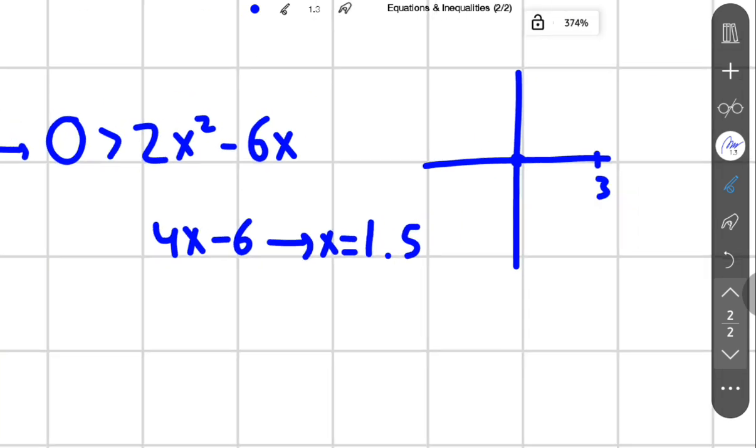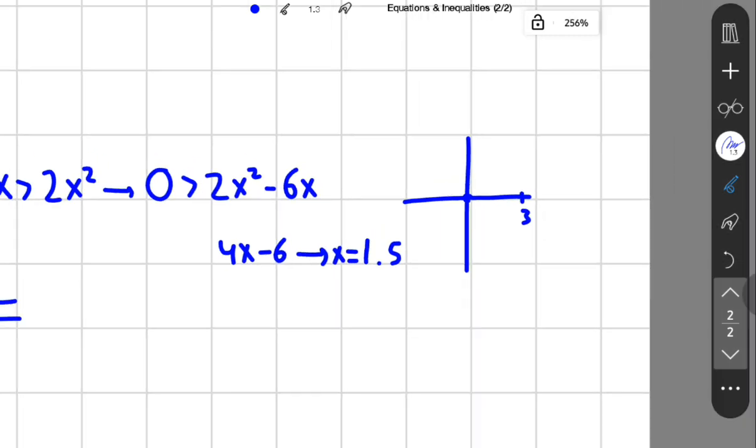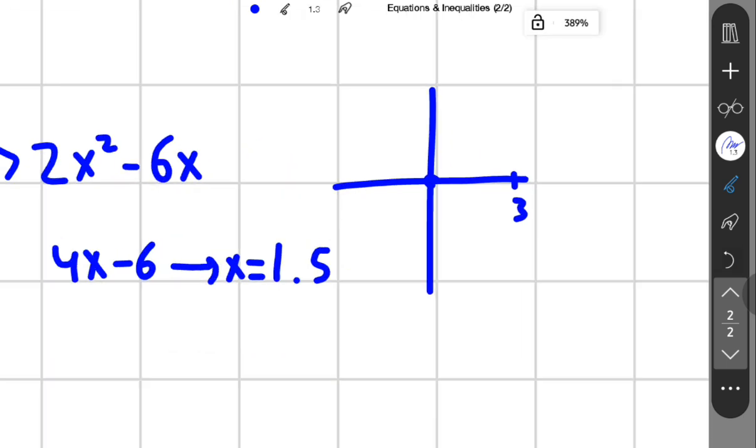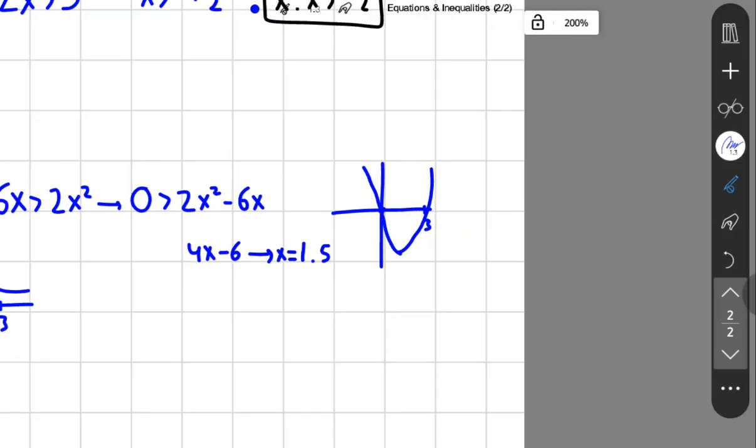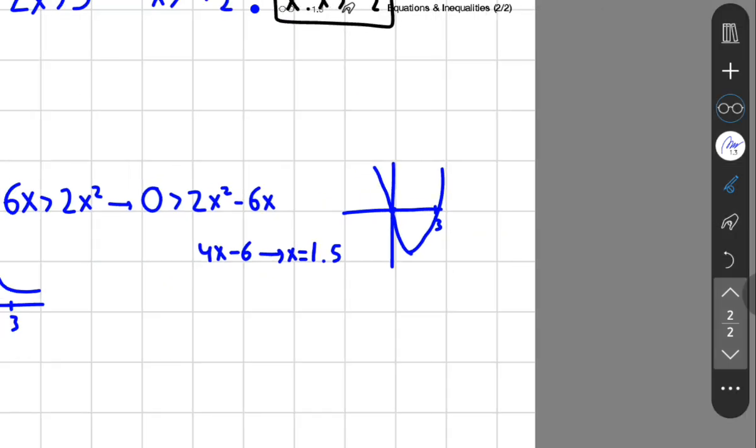And if we were to plug 1.5 into the original function to get its y coordinate, we have 2 times 1.5 all squared minus 6 times 1.5. We're left with negative 4.5. So somewhere around here. I know it doesn't look the best, but that's how it looks roughly.